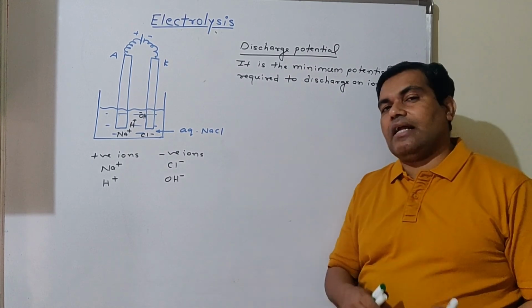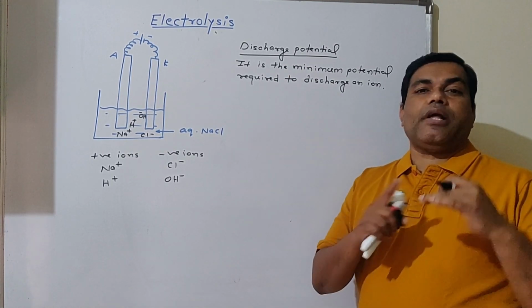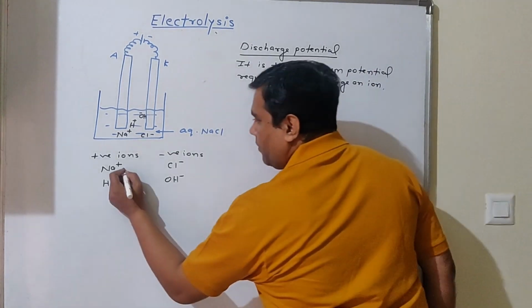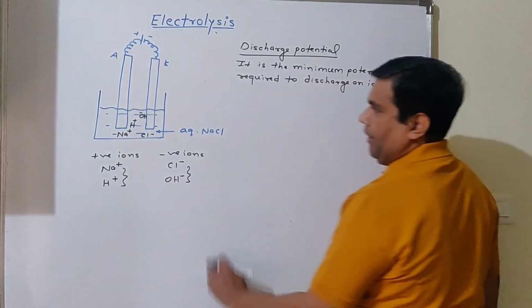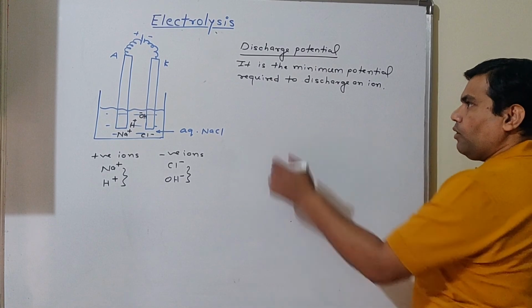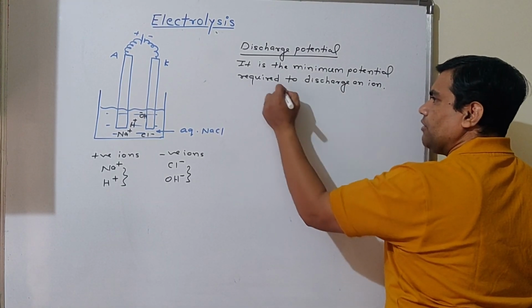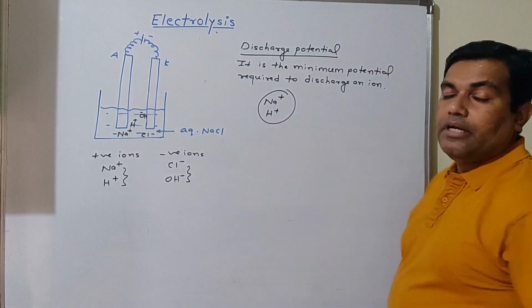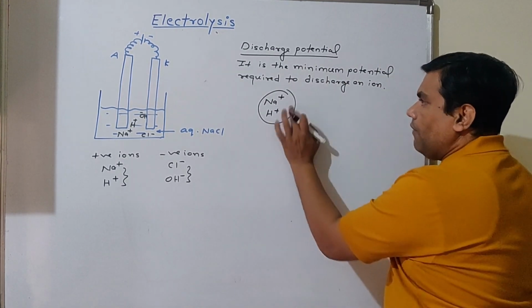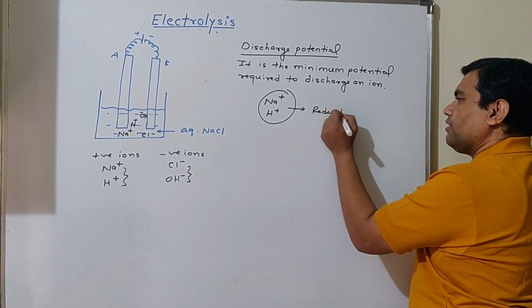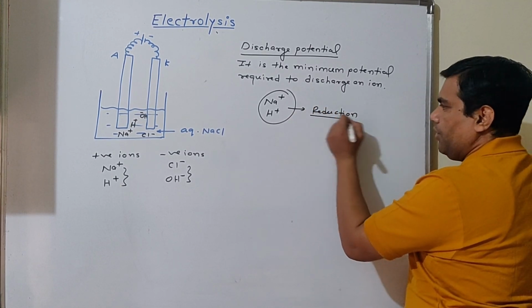Now, we have seen that in the primary process, there is discharging of ions. Now, we have competition amongst two positive ions and amongst two negative ions. If we talk about Na plus and H plus, both of them will undergo reduction. They are supposed to undergo reduction, isn't it?